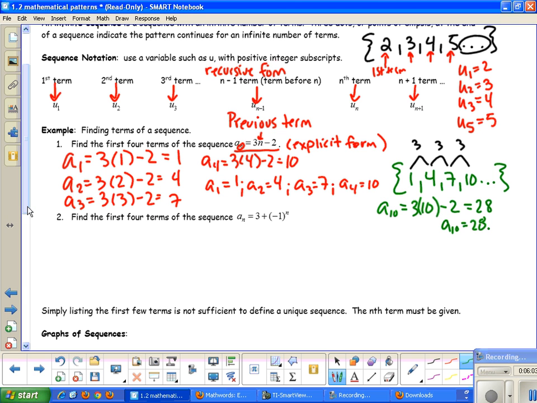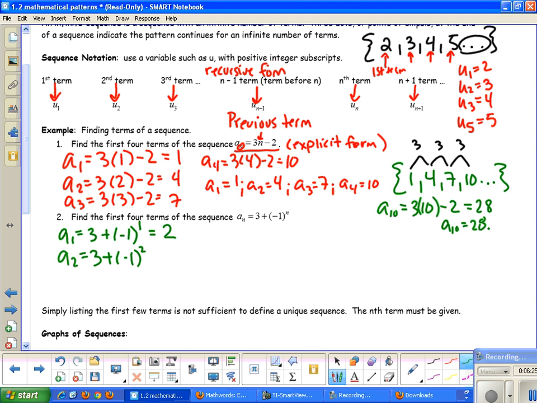So I'm going to do the same thing. A sub 1 is equal to 3 plus negative 1 to the first power. So if I do that, I get 3, and negative 1 to the first power is negative 1, so 3 minus 1 is 2. So a sub 2 would be equal to 3 plus negative 1 to the second power.